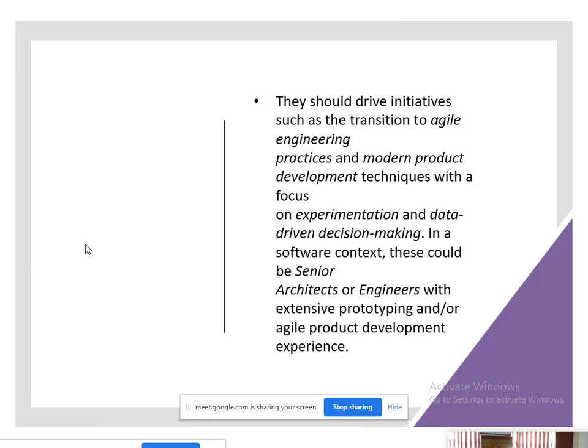Re-engineering means that you already have a product and you just modify it. If there is any error, if you are creating some product, you must take some feedback from the customers also, and based on that feedback, you will modify the product, and that comes under this re-engineering part. Then agile engineering comes under this part. Then next slide.